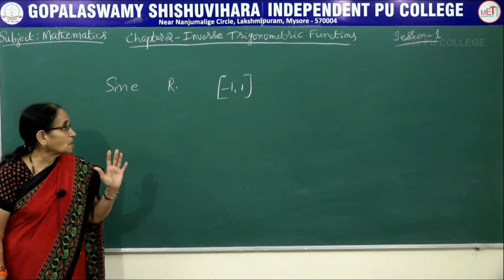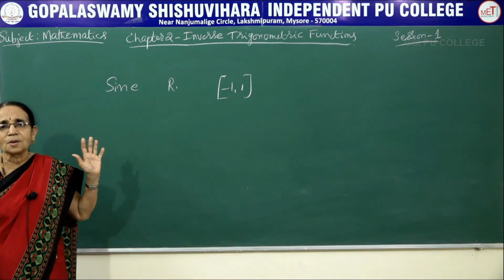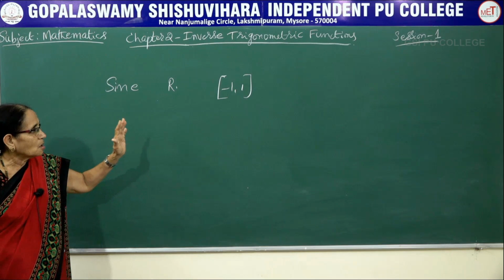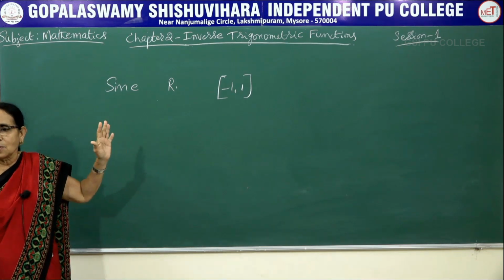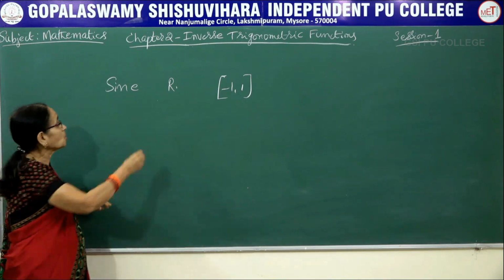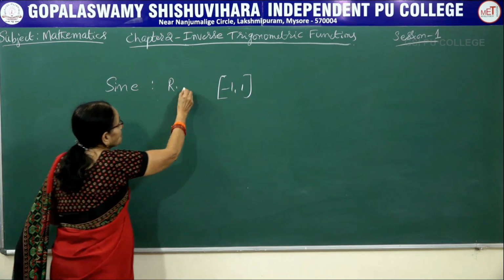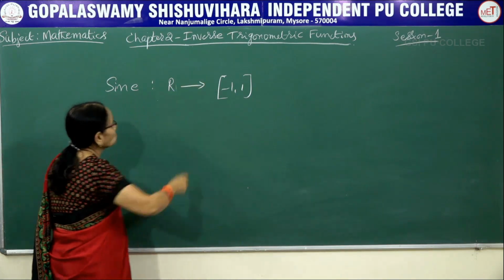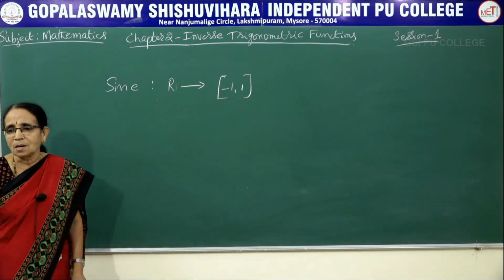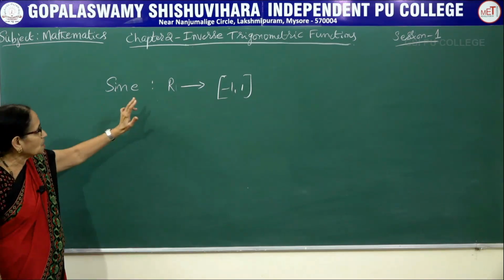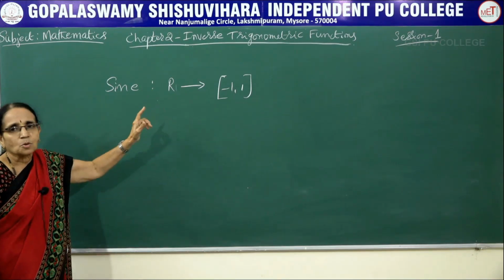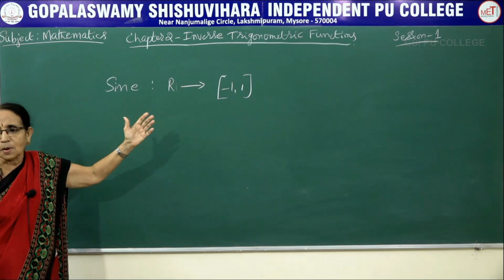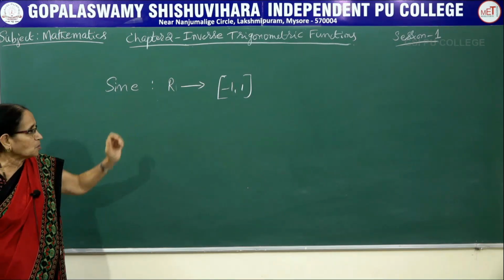So, the domain of the sine function is the set of real numbers, and the range is minus 1 comma 1. This is the notation we use to denote a function here. Sine function is from the set of real numbers to the closed interval minus 1 comma plus 1.